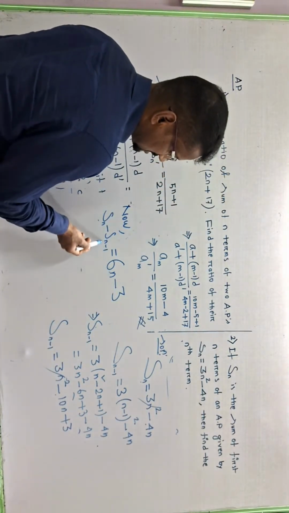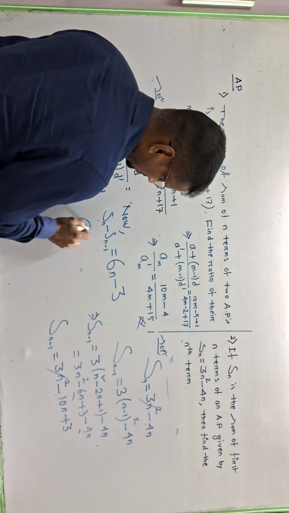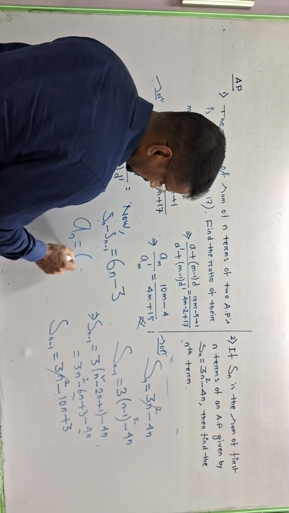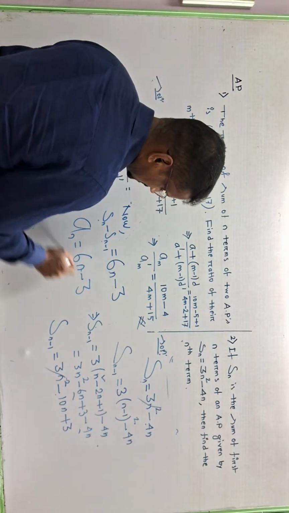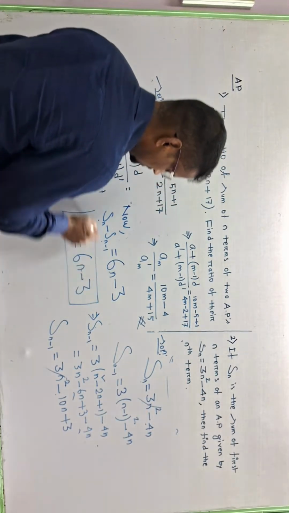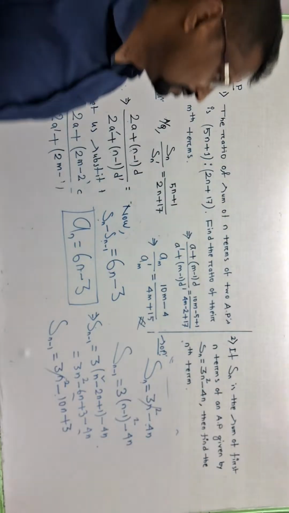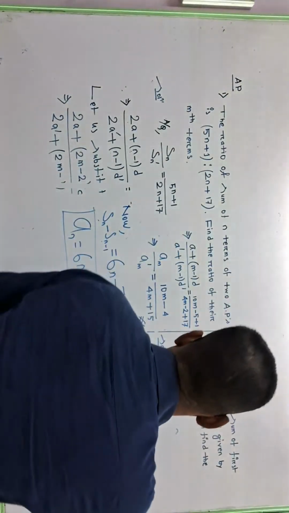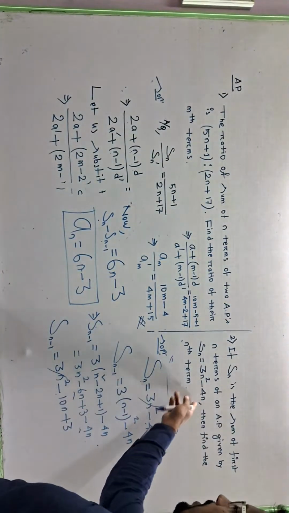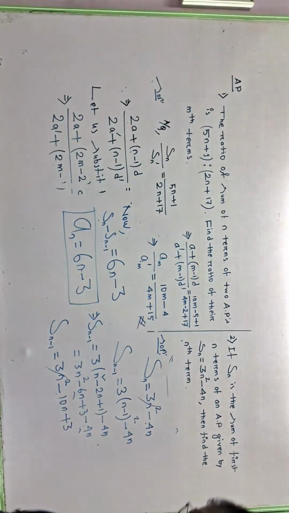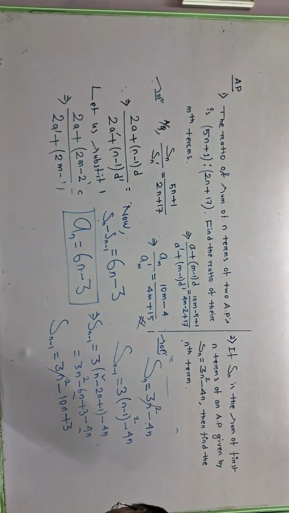So an will be 6n minus 3. This is your final answer. So whenever the sum of n terms is given, this is the procedure to find the nth term. I hope it's clear to all of you.